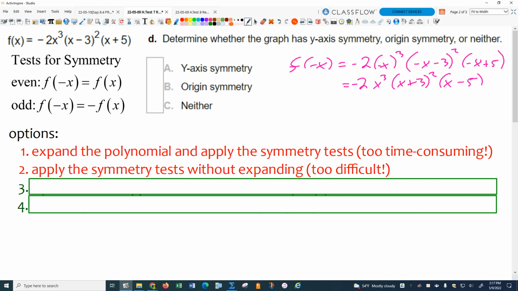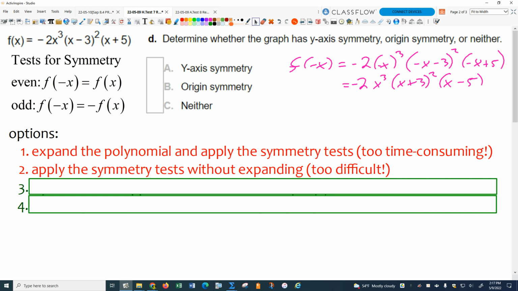Either I get the same as the positive number, or I get the opposite of the positive number. So why couldn't we just pick a random number, plug it in, and see if it honors one of those tests? Maybe right away we'll get an answer that's obvious.